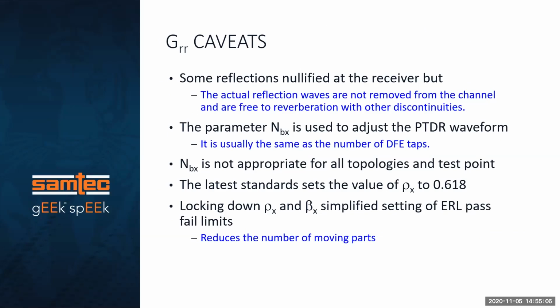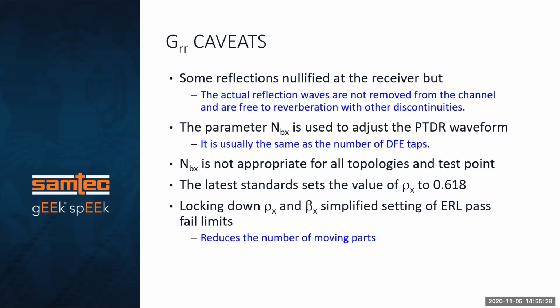Is that NBX is, again, normally used to adjust the PTDR waveform, and I'm going to show that graphically in a minute. It's not appropriate for all topologies, because a lot of topologies don't have a DFE, and in a lot of them the effect of the DFE is not comprehended in the test point.